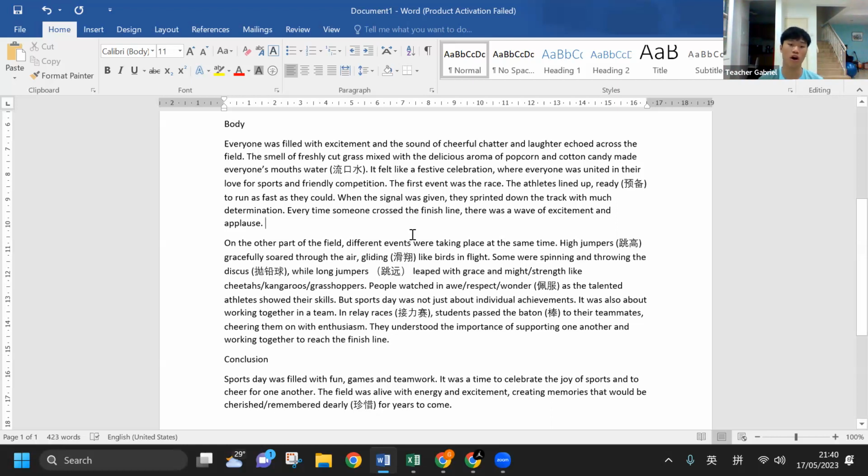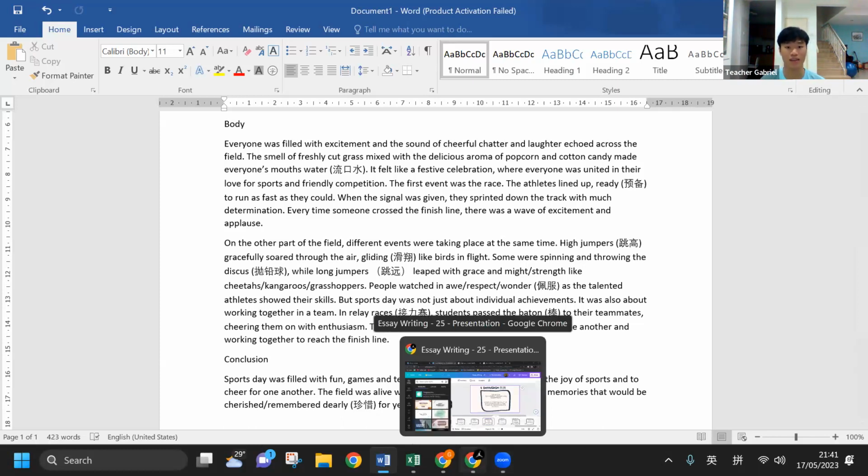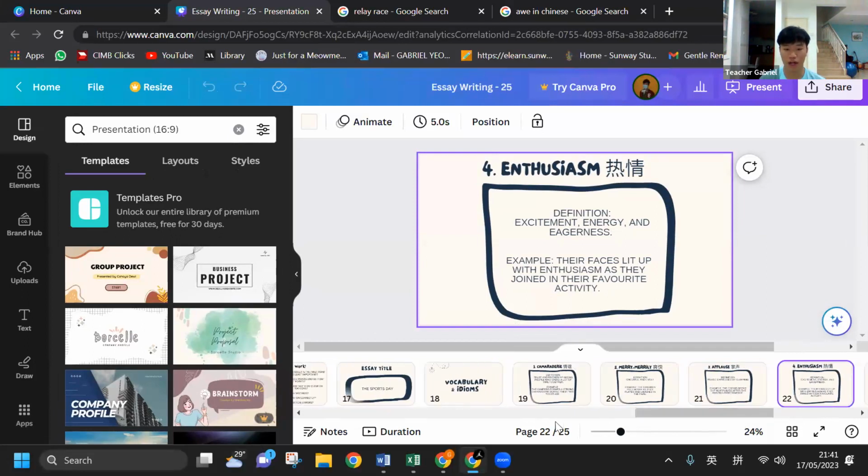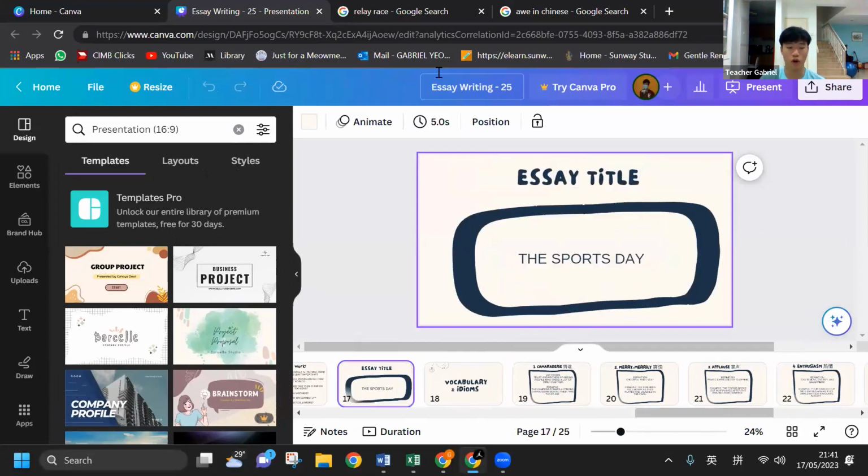And although it's hot, although it might be stuffy, and although there's sun shining on the skin, it's just one day, okay? So just don't take it for granted, okay? Enjoy the moment. Because now in uni and all, I don't really have sports day anymore, so it's quite sad. I still have a bit of sports lah, but 没有这样大的一个 event 了。Alright, so that's all for our essay. Hopefully you all enjoyed that.